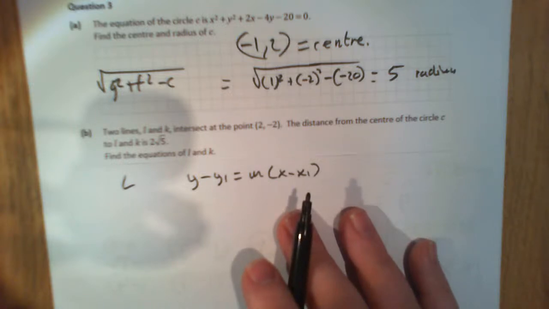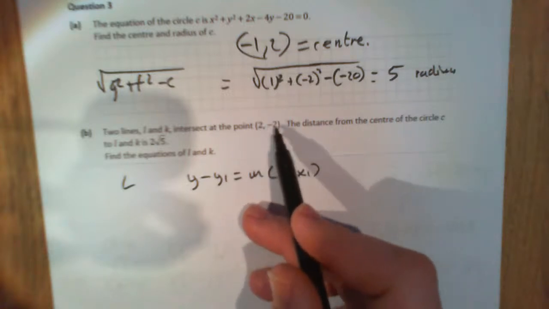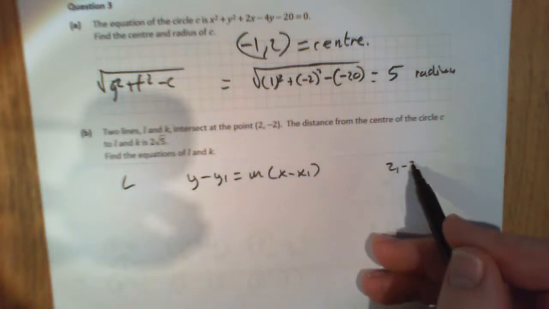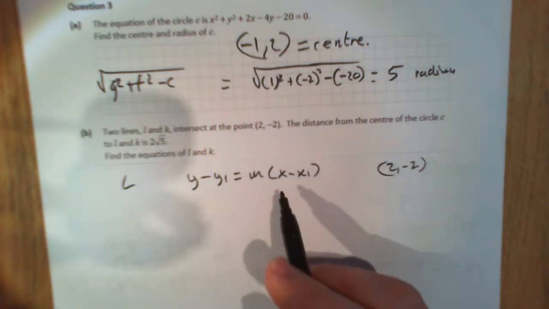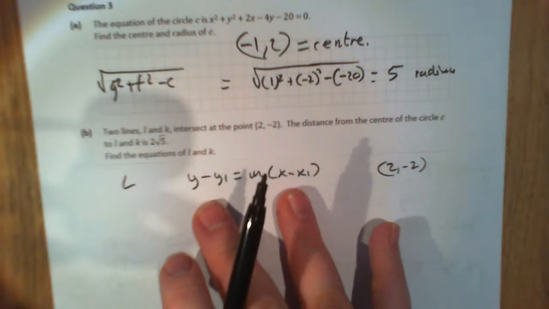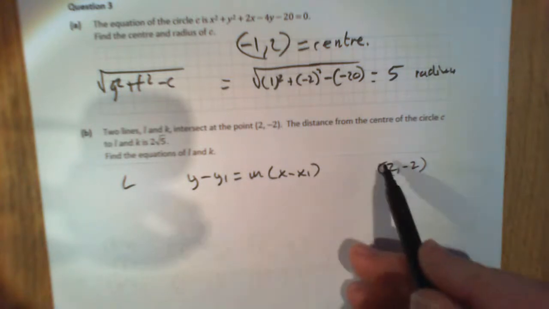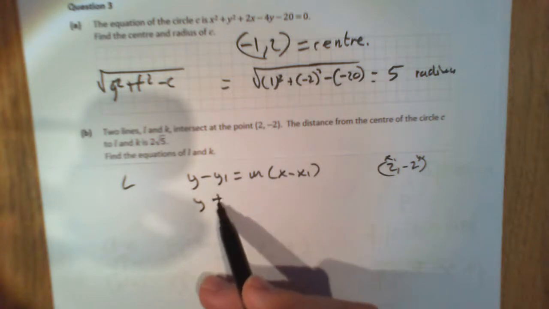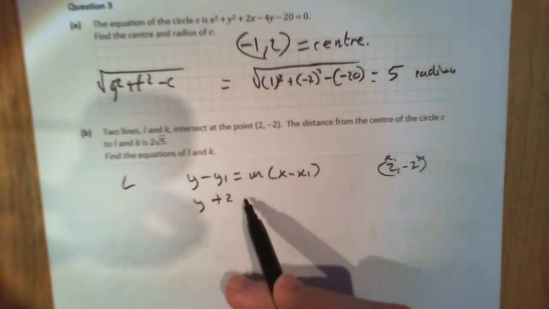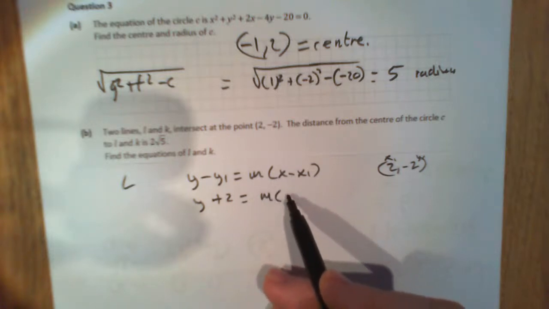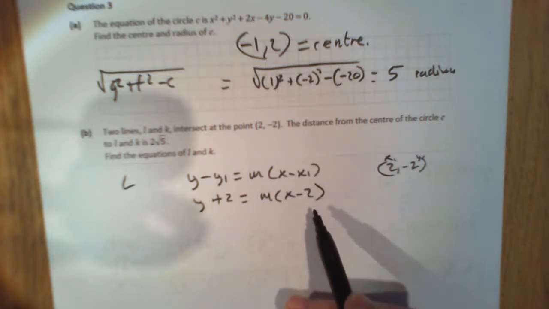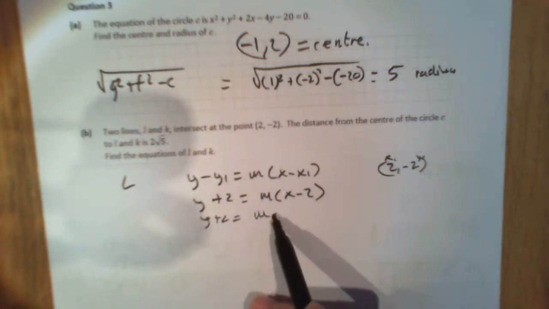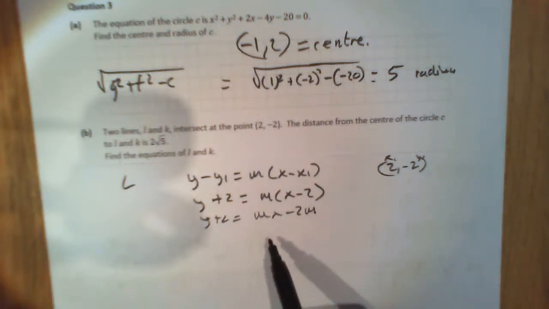Okay, so we have 2 and minus 2 is definitely a point on it, which means I can use it to build the equation. So that's x1, y1. y minus y1, there's a double negative, is equal to m times x minus x1, okay? So that's y plus 2 is equal to mx minus 2m.